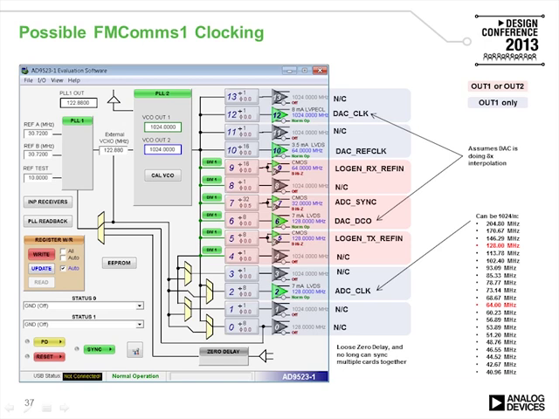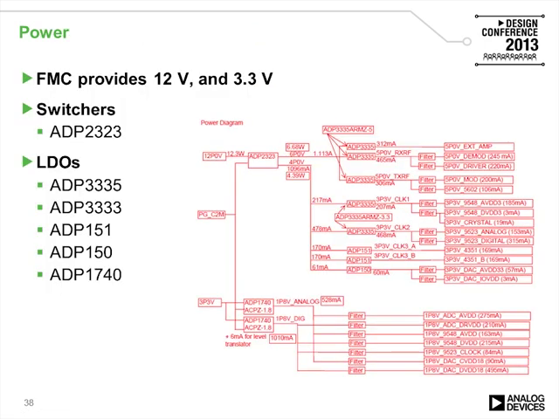However, because we do have a fixed 30.72 on the input, or a fixed 122.88 on the requirement for our VCXO, because this frequency is no longer an integer multiple of 122.88, the zero delay function no longer works, and you can't actually synchronize multiple systems together.